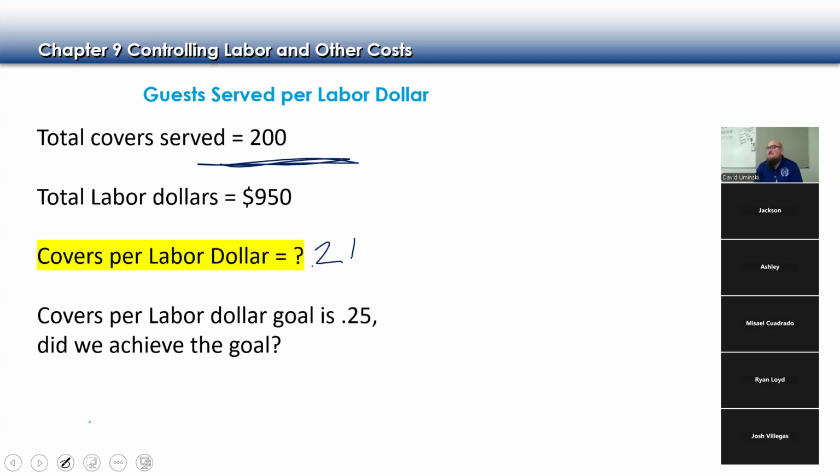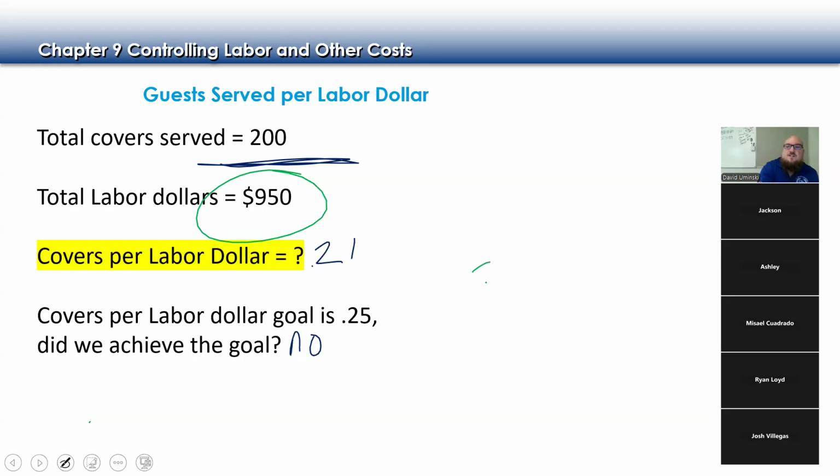My goal is 0.25. Did we reach our goal? No, we did not. We did not meet our goal of 0.25. So let's figure out what our goal should have been. We spent $950. Let's figure out how much more money we spent on labor.